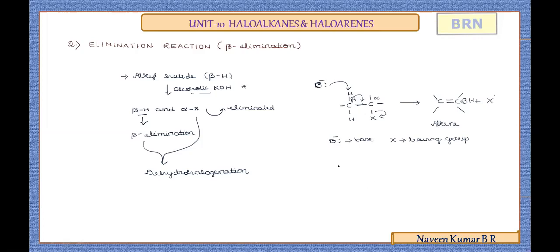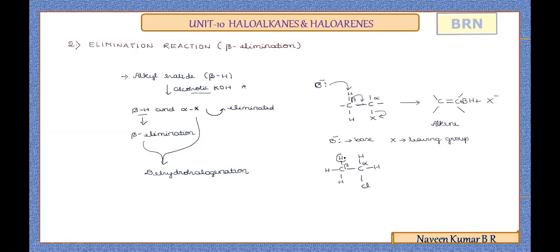We'll take a simple example for this. Then we'll see the possibility of the formation of two types of alkenes if the alkyl halide contains more than one beta hydrogen atom. With a simple alkyl halide, we'll consider ethyl chloride. The halogen-attached carbon is the alpha carbon and the next one is beta.